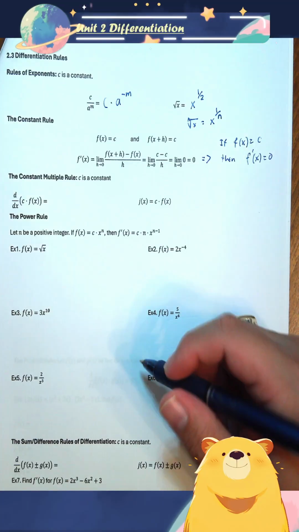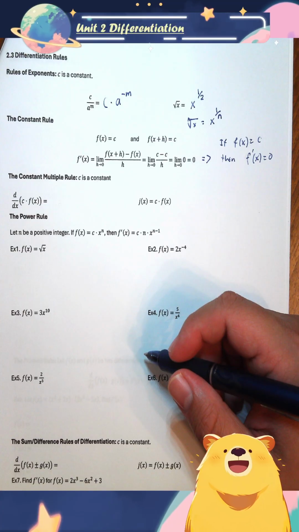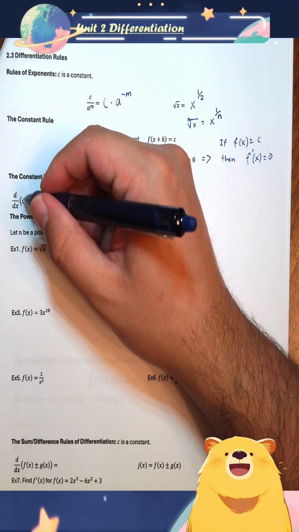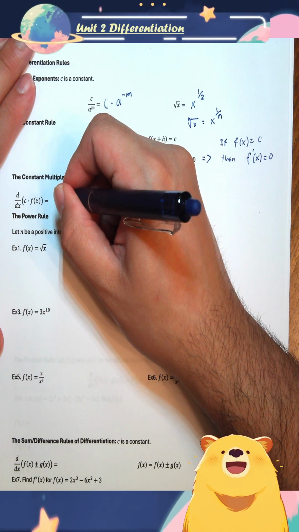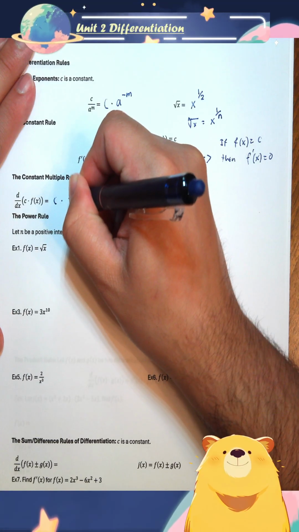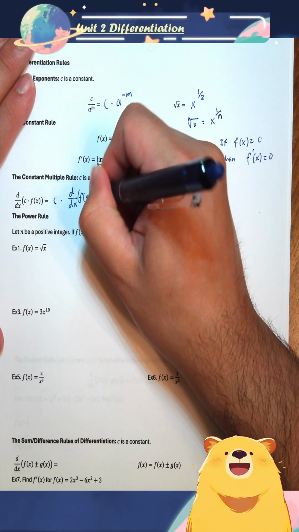Then we have the constant multiple rule. If c is a constant, then if we're taking the derivative of a constant multiplying that function, you could technically let the constant escape. If you were to perform it with the function anyway, you should still get the same result.